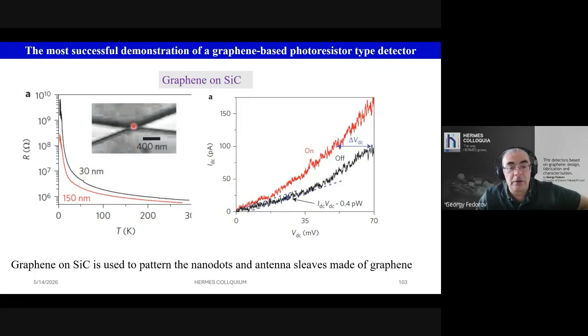These are the sleeves of an antenna that is coupled to a very small piece of graphene. When you measure the IV curve of this system with and without radiation, you get a very significant change of voltage for a fixed current, because radiation changes the temperature of this dot and therefore changes its conductance.